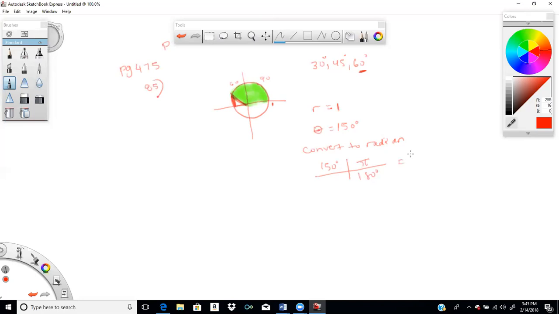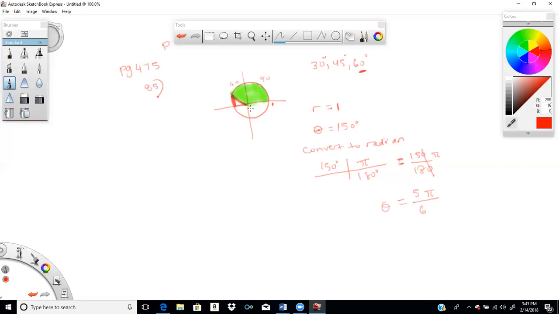That gives you 150 pi over 180. The zeros cancel out, and then you simplify 15 over 18 by dividing 3 into each. 3 goes into 15, 5 times, and 3 goes into 18, 6 times. So theta is actually 5 pi over 6.